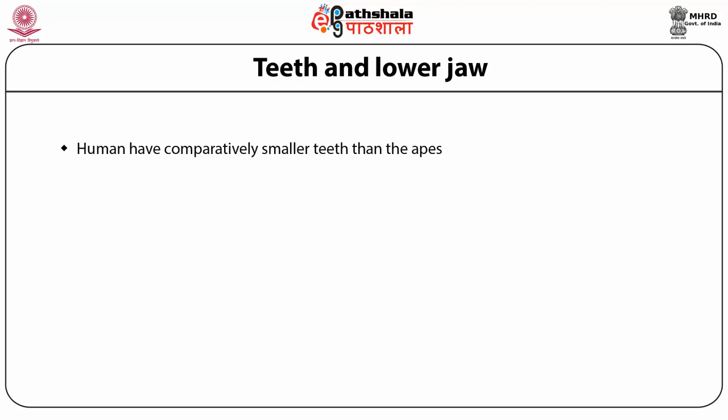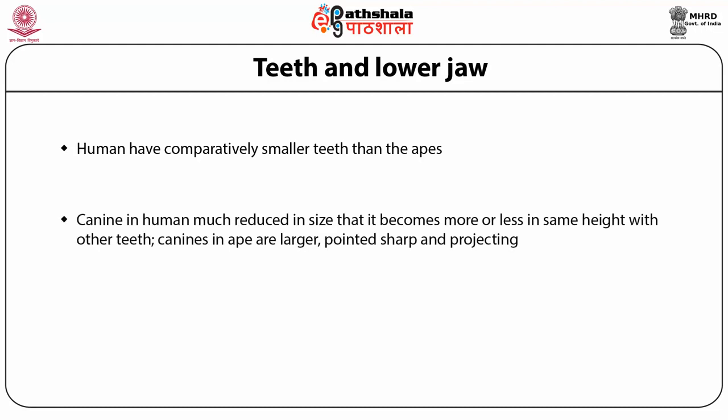Humans have comparatively smaller teeth than the apes. The canine in humans is no longer used for tearing flesh, so it is much reduced in size, so that it is more or less the same height as the other teeth.